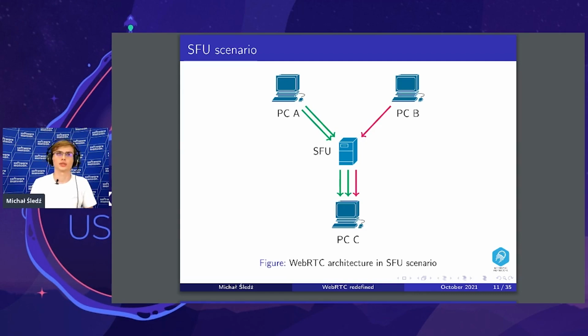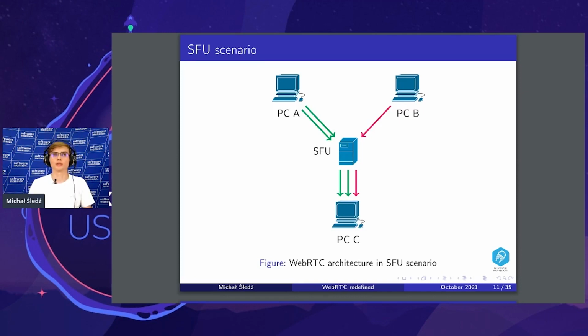Let's assume that we have a scenario in which we have PCA and PCB. PCA transmits 2 tracks, and PCB transmits 1 track. We have also a PCC that is a passive participant. It will only receive audio. In case of SFU, PCC will receive 3 tracks, 2 from PCA and 1 from PCB.